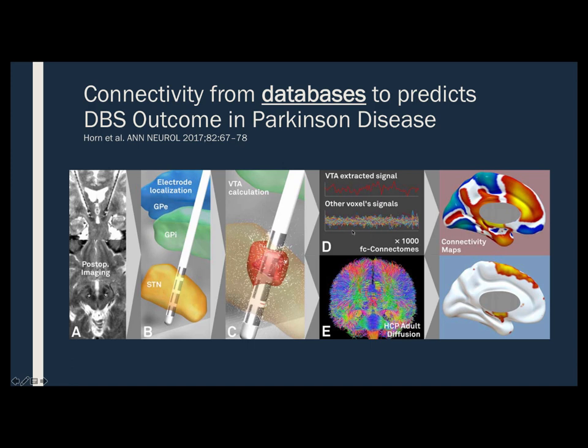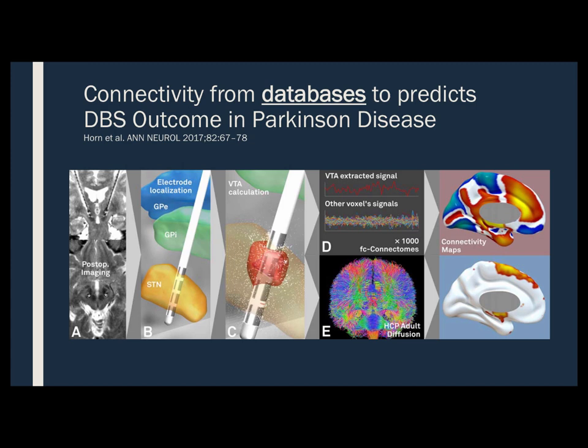Mainly they get the location of their electrode, normalize that to standard space, and look at where they're applying the stimulation and where the connectivity of these areas goes, and try to evaluate the results, and if a case didn't work, where these connections were going.